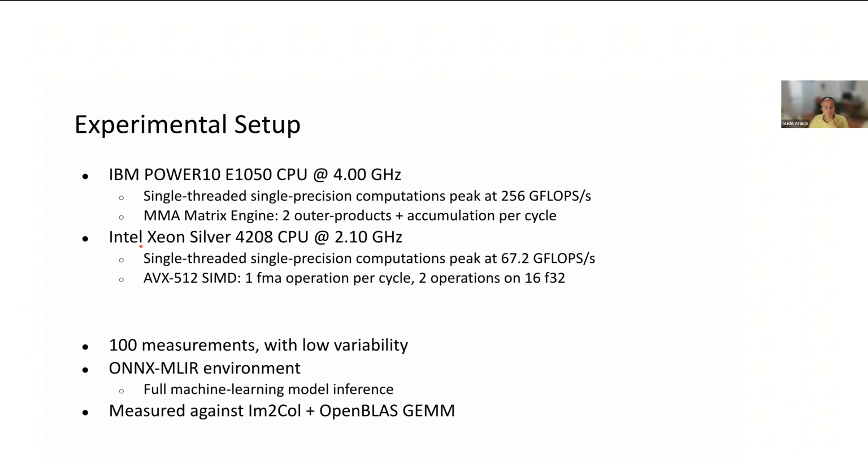We also did these experiments on an Intel Xeon Silver CPU at 2.1 gigahertz, again single thread, single precision, with a peak of 67.2 gigaflops, using AVX512 SIMD, which allows one FMA operation per cycle and 2 operations on 16 F32.